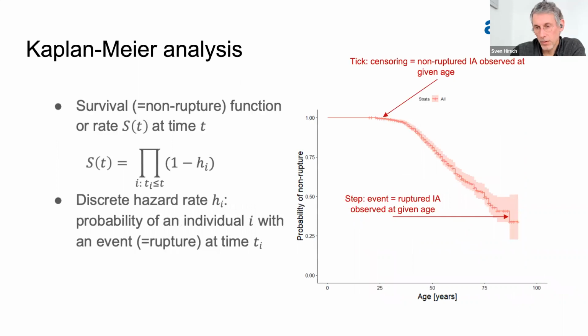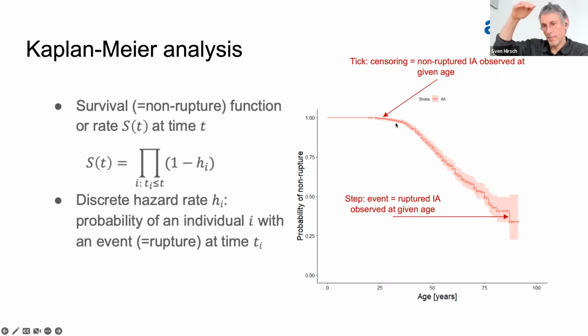So what I will show you is a couple of examples for Kaplan-Meier analysis, which is a survival analysis, to understand this plot here. So here 1.0 means all of the aneurysms are intact. And then you look at the age, so you order the patients by age, and as soon as an aneurysm is ruptured, it gives a tick below.